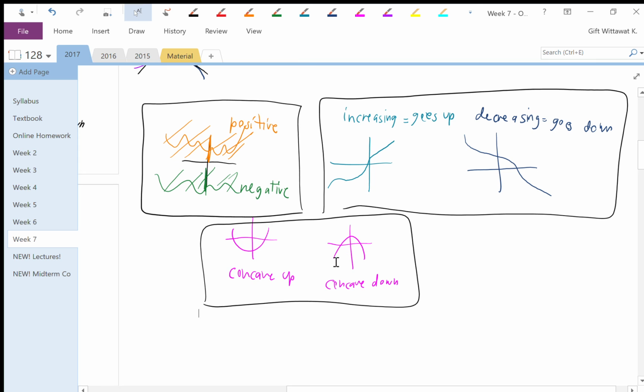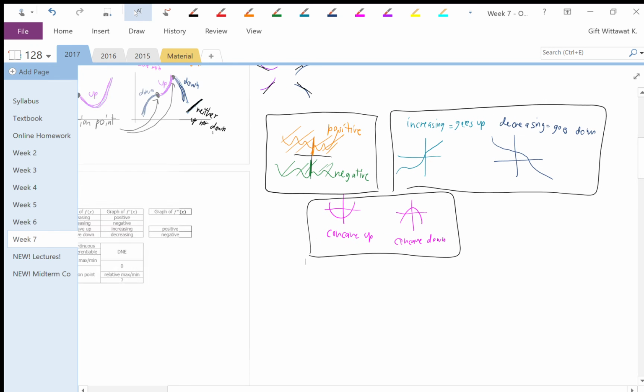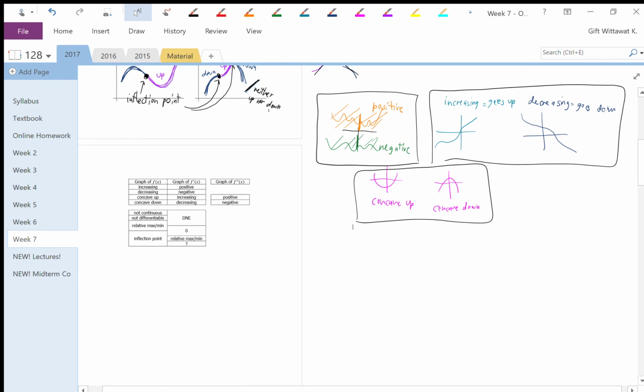It can be either increasing or decreasing when it goes down. My function can be either positive or negative when it goes up. It can be positive or negative when it goes down. So these three features operate independently on a function. However, when you take the derivative, there are some relationships between these guys. So that's going to be what we will talk about next.